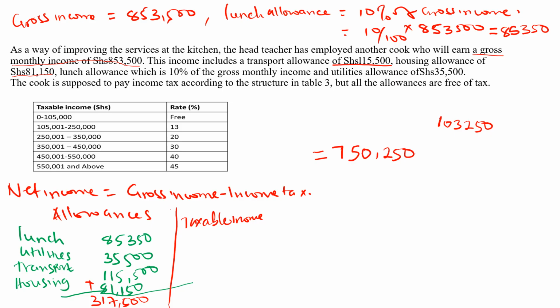Maybe allow me put it here. So we shall come here and we say taxable income is equal to gross income minus allowances.